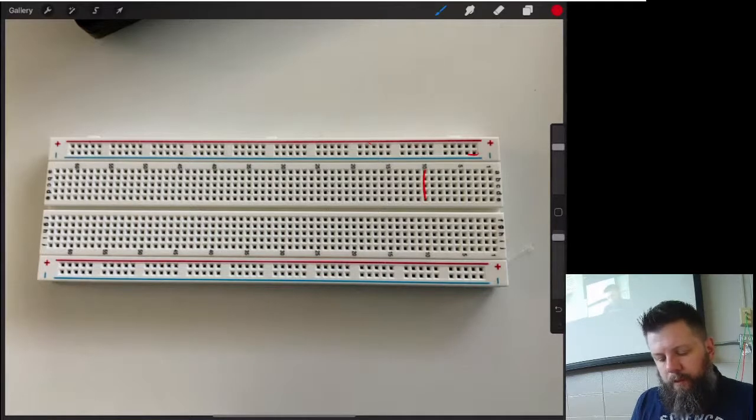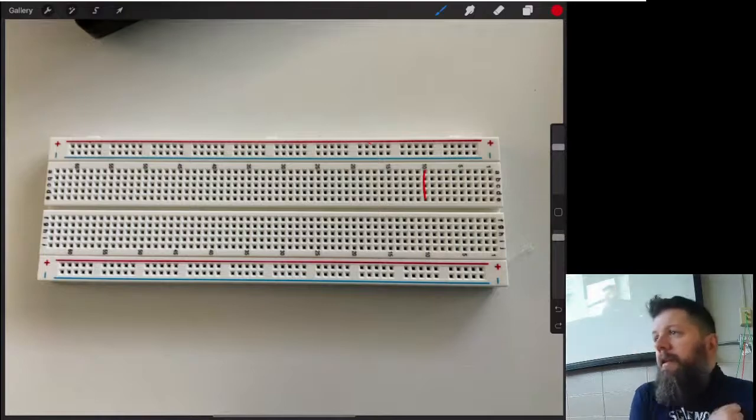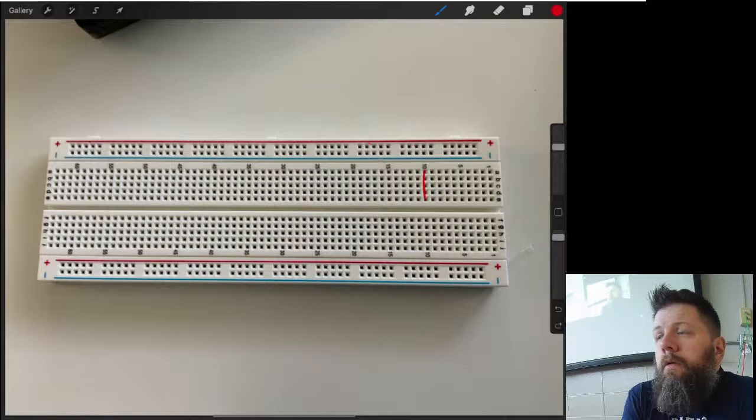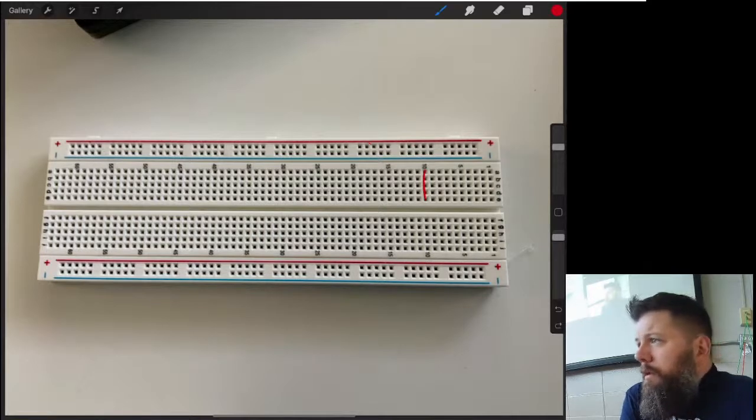There's 50 holes across the second row that's all connected, right? All of those holes are all connected. They do that because there's a lot of times that we need a lot of things connected to 1 or 2 things, namely what we call our power bus. Okay, there's a lot of things that need that power.